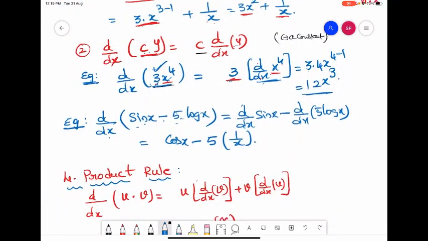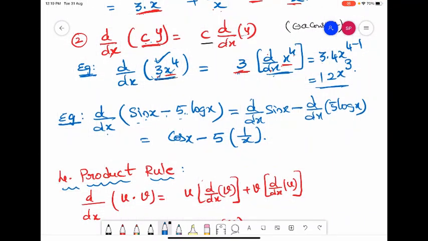So I have written this as d by dx of sin x minus d by dx of 5 log x. So the two functions are separated with minus, and I am doing the differentiation separately, d by dx of sin x minus d by dx of 5 log x.